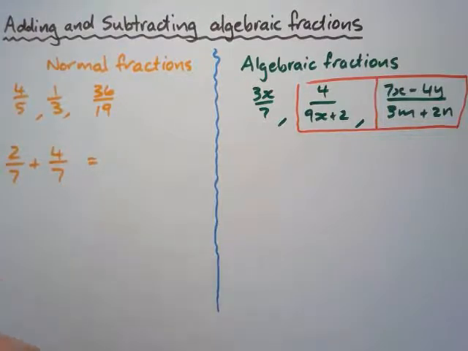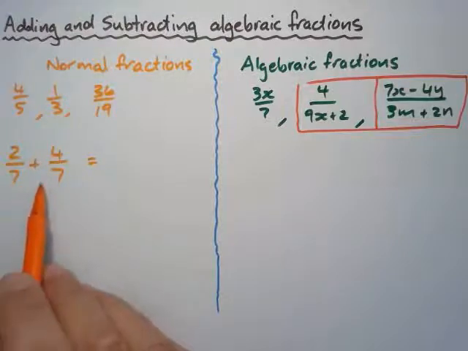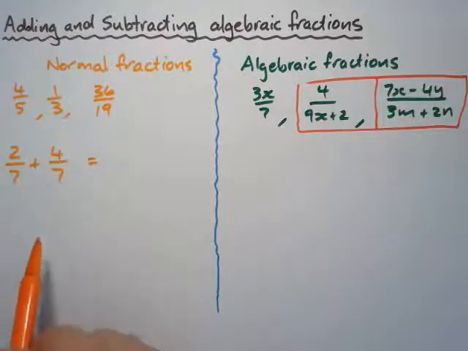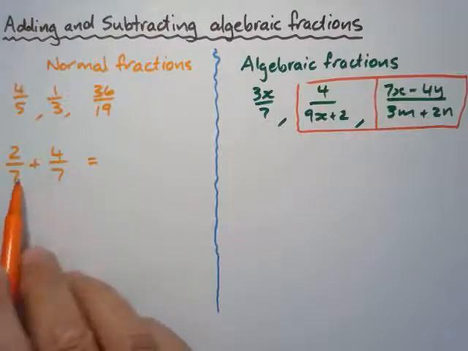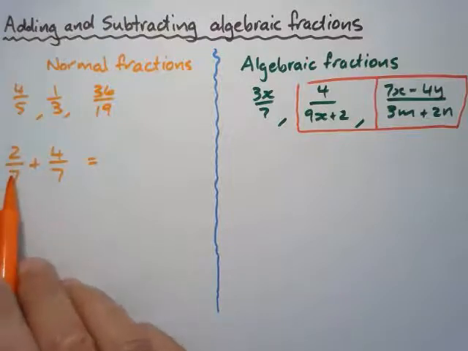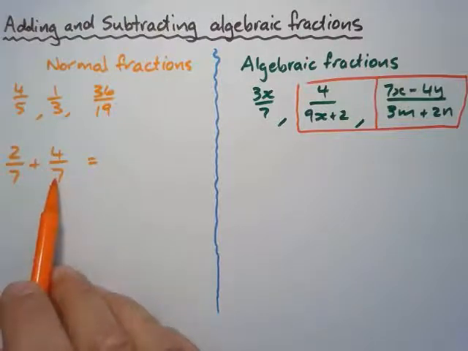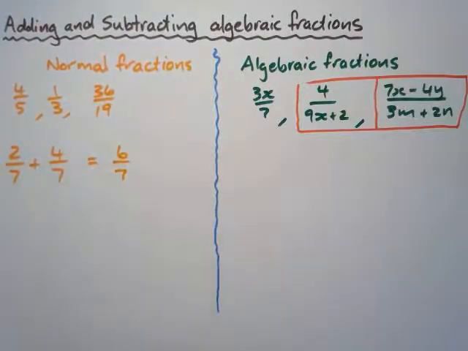Well, we know that we can only add and subtract when we have like fractions. And it's not like fractions because they taste good. It's like fractions because they have the same denominator. The same denominator determines what fraction it is, and only if they have the same, then I can say 2/7 plus 4/7 equals 6/7.